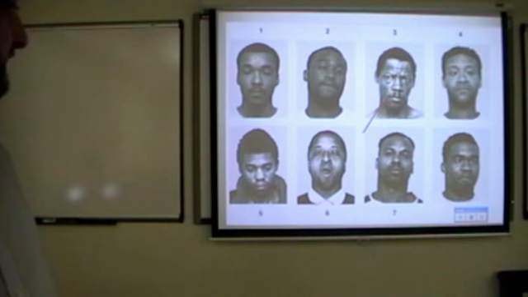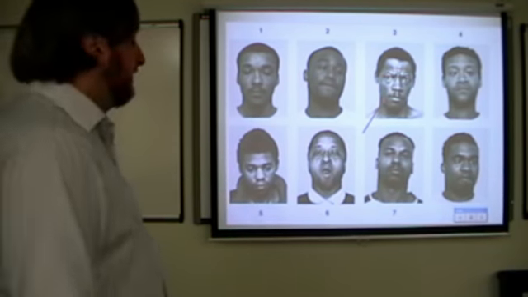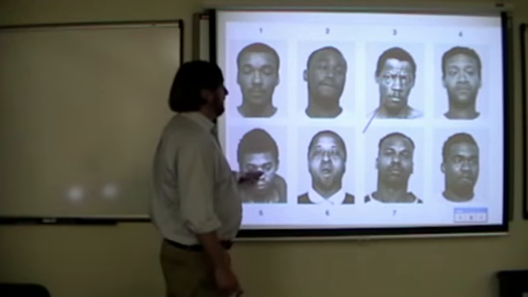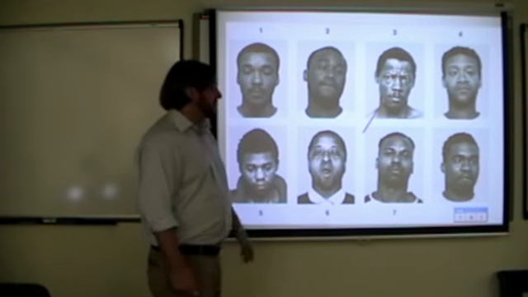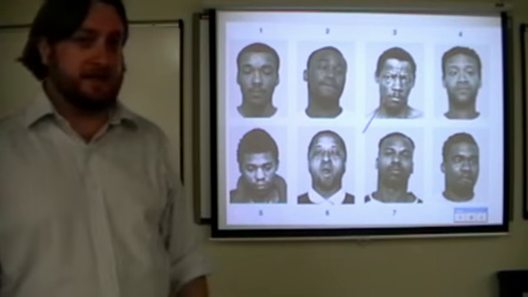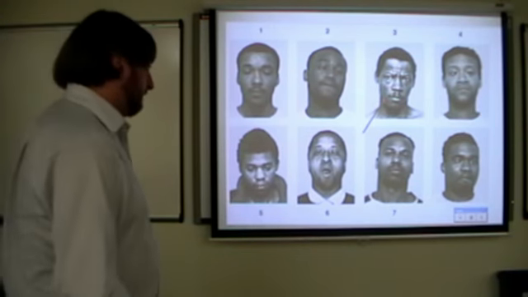An individual that perpetrated the crime here might be a black male with cross-eye, his eyes are crossed, something like that. These individuals are kind of funny looking. But if you look closely, is there anything on there that might identify one of these suspects as the perpetrator of the crime?